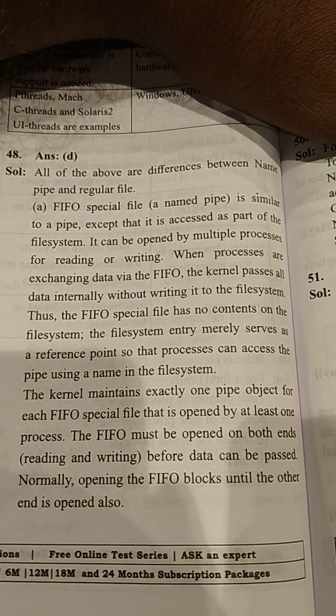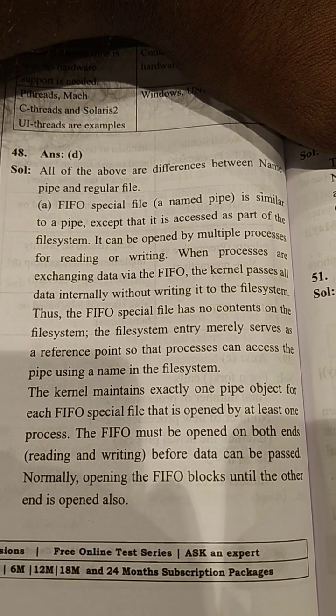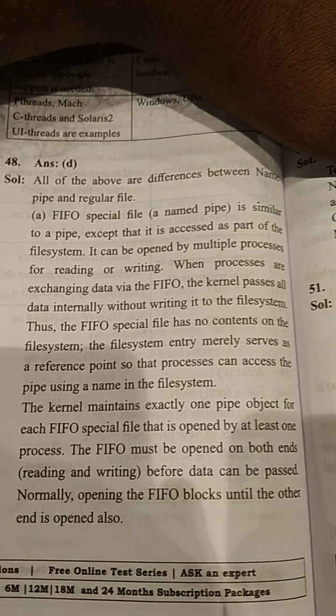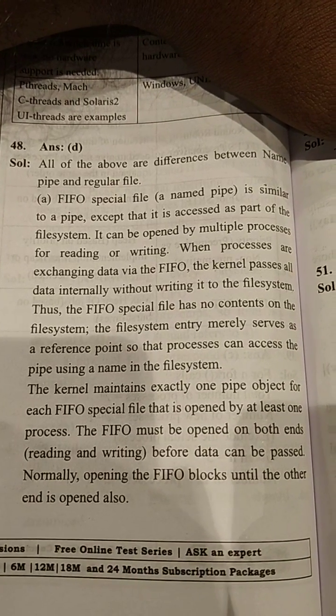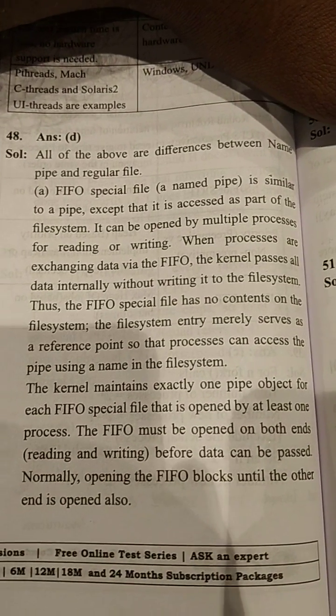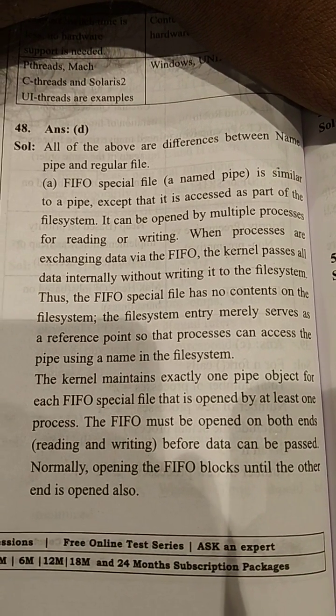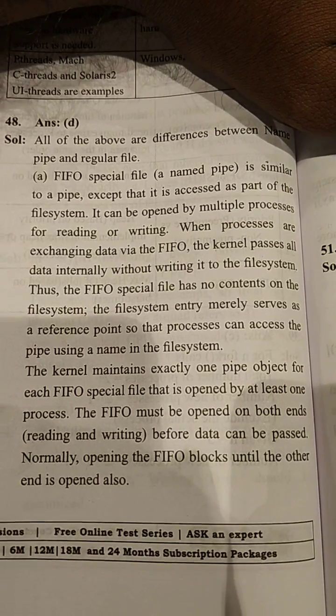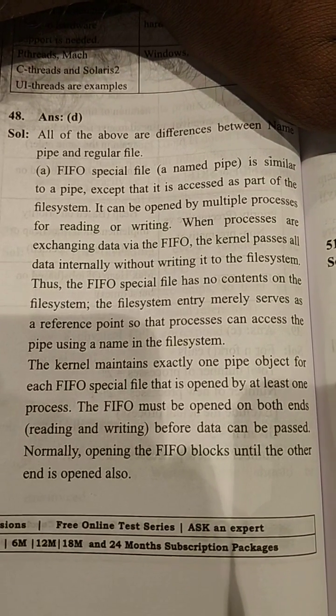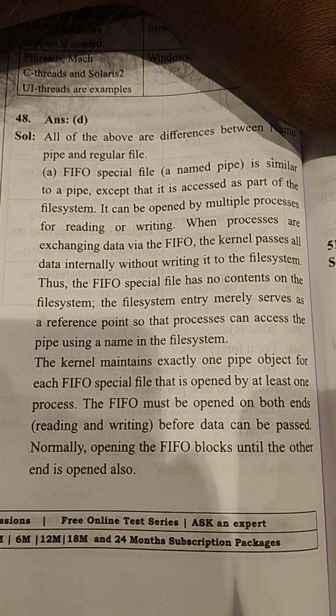Thus the FIFO special file has no contents on the file system, and the file system entry merely serves as a reference point so that processes can access the pipe using a name in the file system. The kernel maintains exactly one pipe object for each FIFO special file that is opened by at least one process.